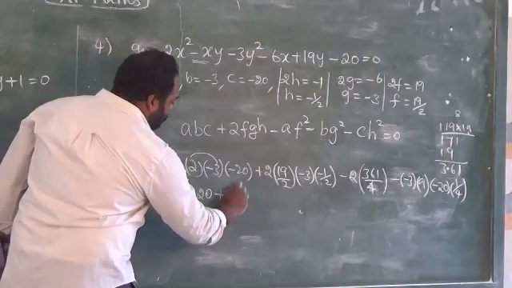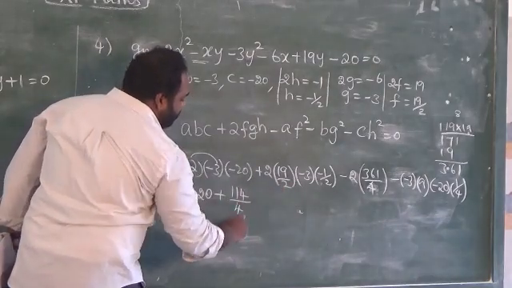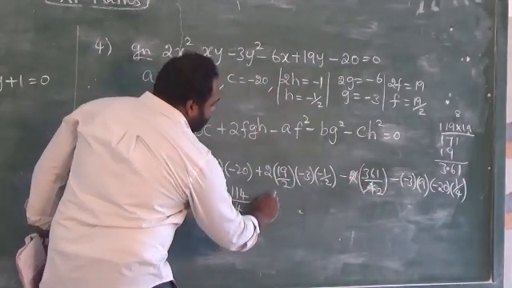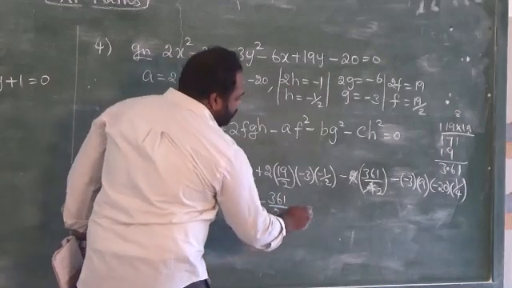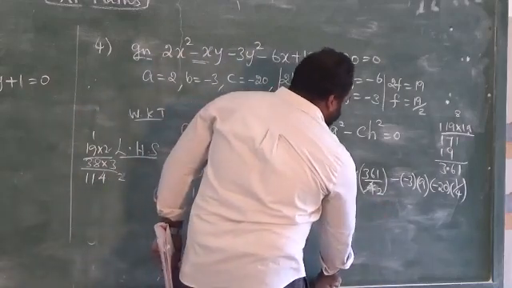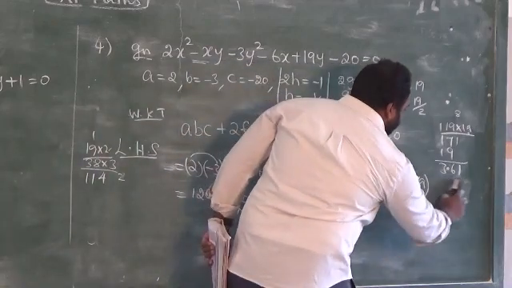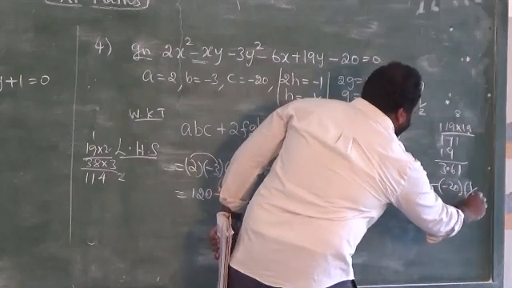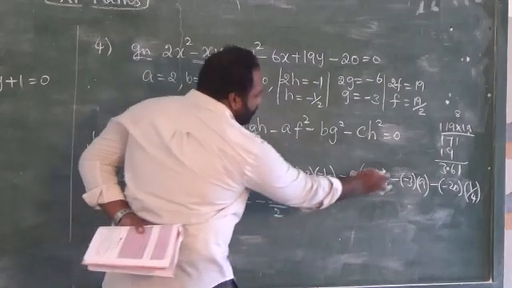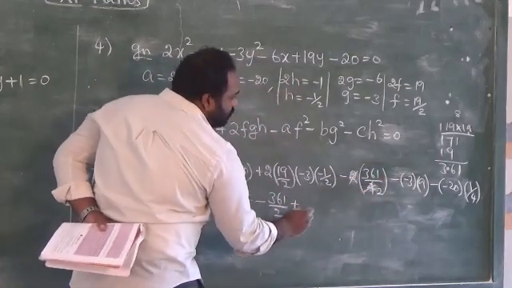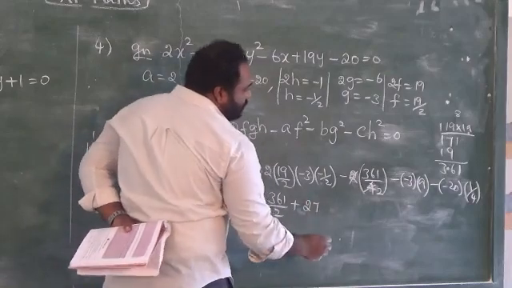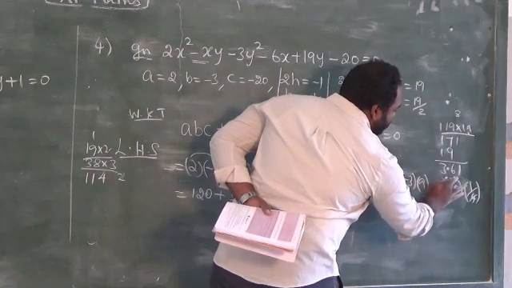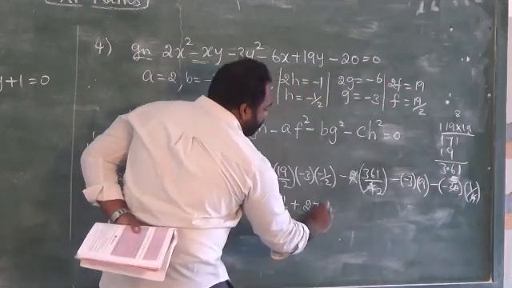So it is 114 by 2 into 2, denominator 4. Here we can have a cancellation of 2. So minus 361 by 2, minus 20 into 1 by 4. Here minus into minus is plus, 27 times 5, plus 5.